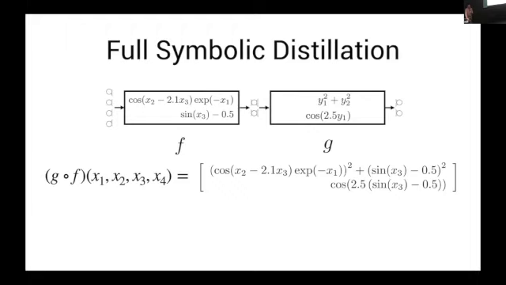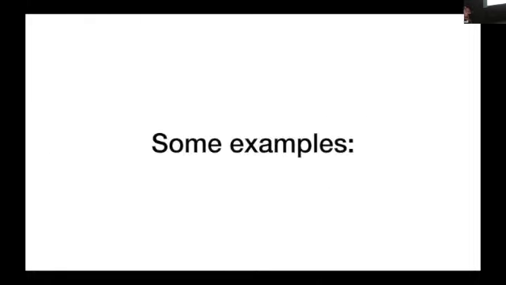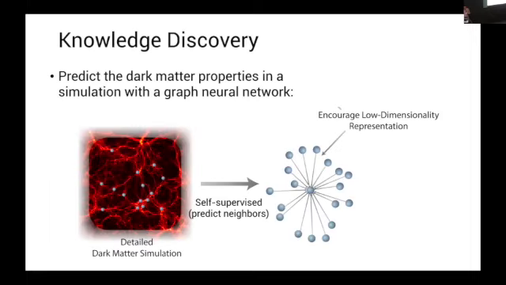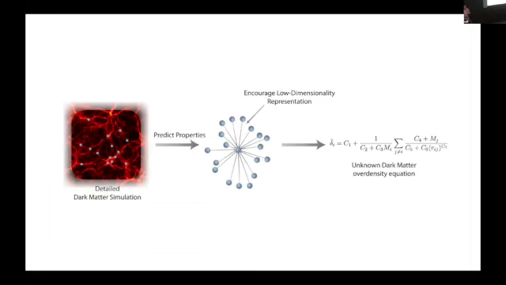I guess this is going to be a slightly related question. On the dark matter slide, for instance, you have this sum. How is that sum represented in the tree? Is it a single node, or does it go all the way down? That summation is from the choice of pooling operator in the graph network.